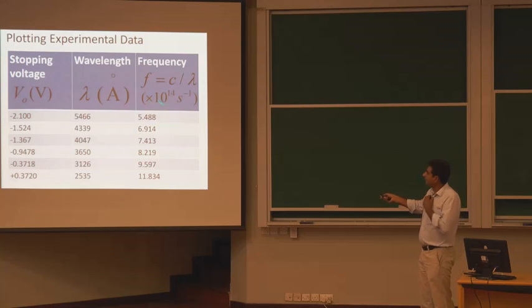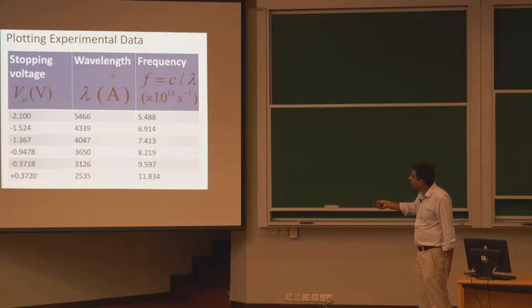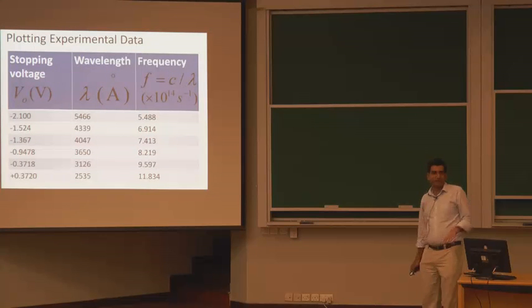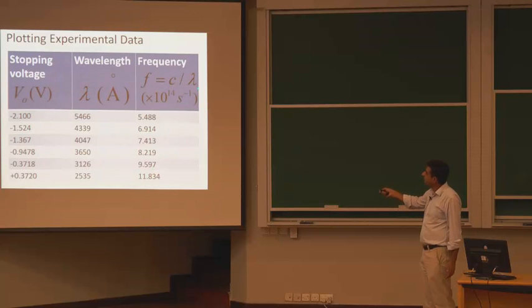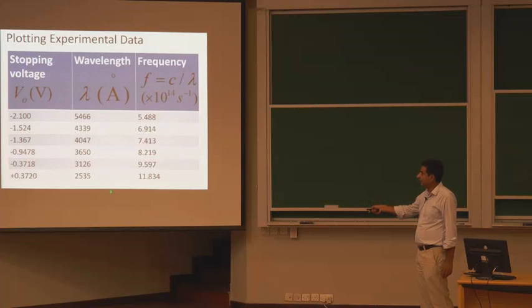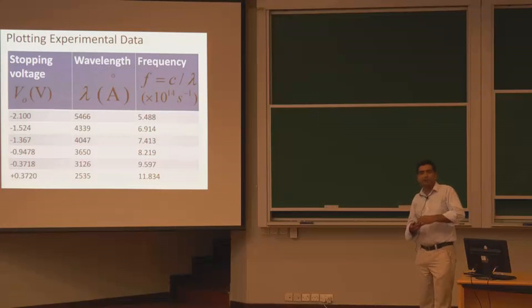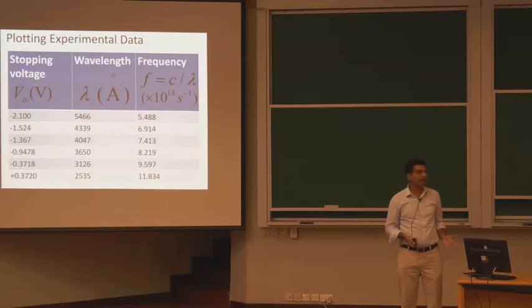So if you notice here at the top of the table I have times 10 to the power 14 per second or hertz. So each one of these values is being multiplied by 10 to the power 14. I don't want to write 10 to the power 14 over and over again. So I just put it once in the header of the column. Here I put angstroms. So I don't want to put an angstrom here, here, here, here. So I just put the common multiple in the header of the column.